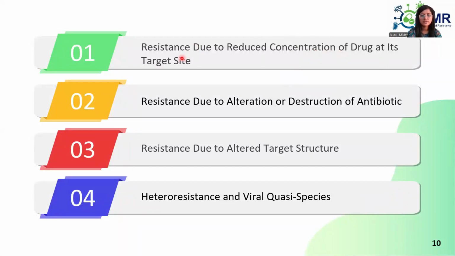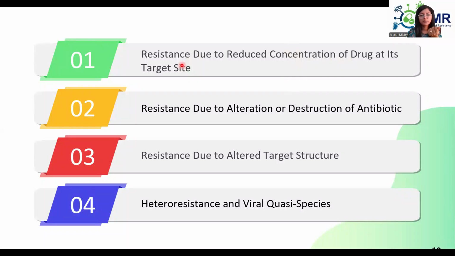So what is the reason? One is small pore molecules: many antibiotics enter the cell through porin channels, called porins. These channels can reduce the drug concentration. A mutation in or loss of the favored porin channel can slow the rate of drug entry into the cell or prevent entry altogether.